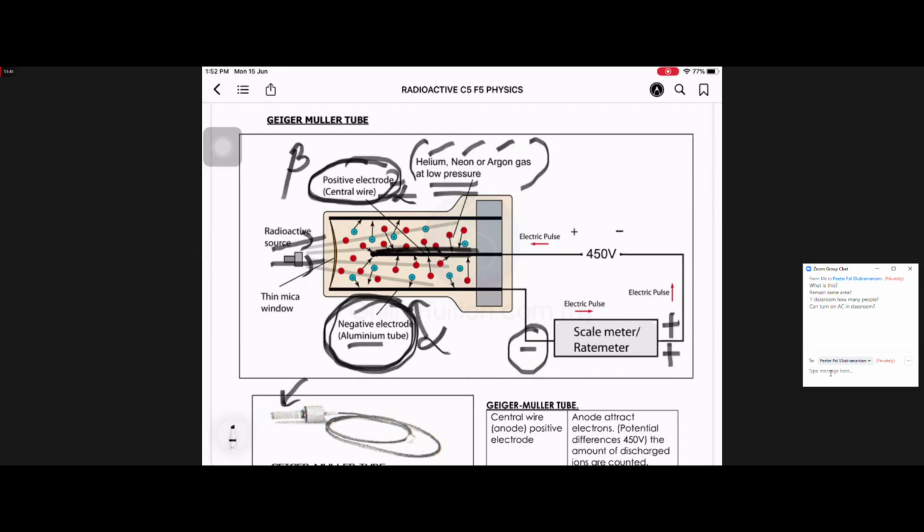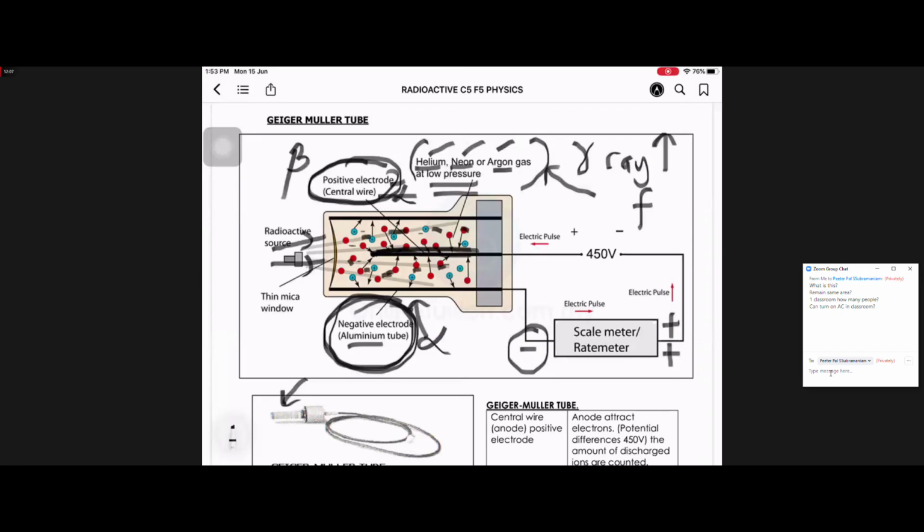But the presence of gamma ray with very high frequency will, for a very short moment, temporarily ionize this for a while. So as they are ionized, we realize ions are formed inside here around the central wire.